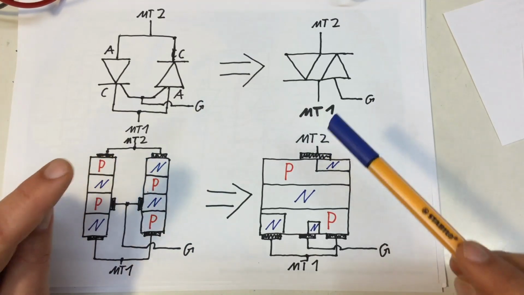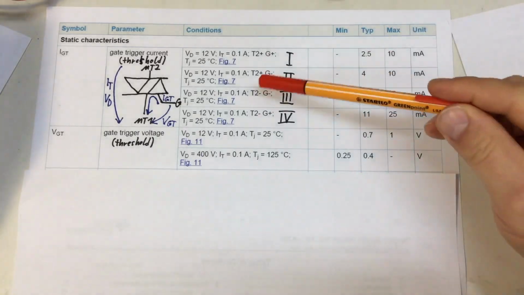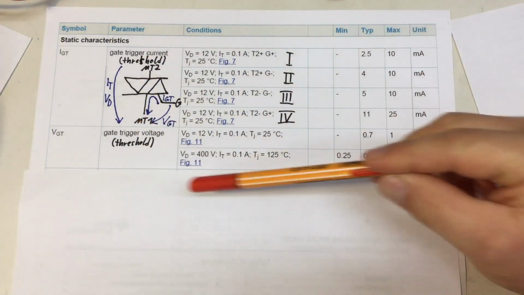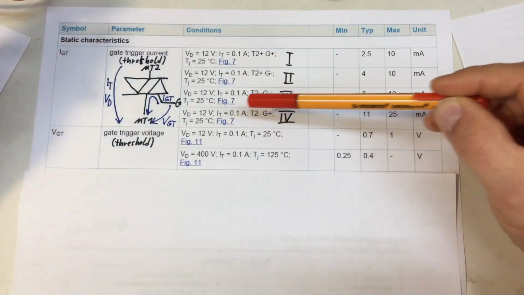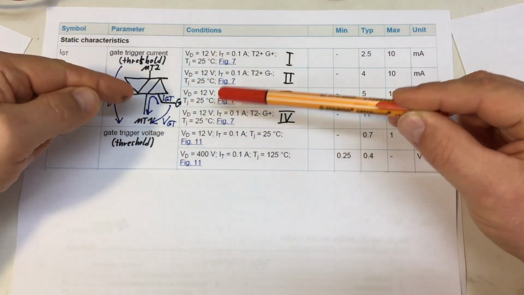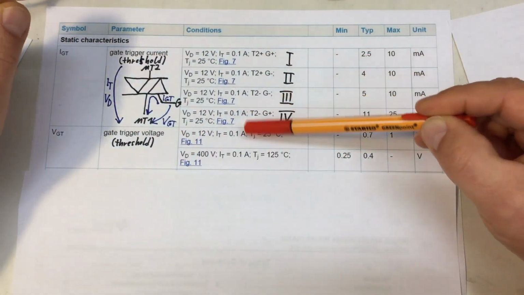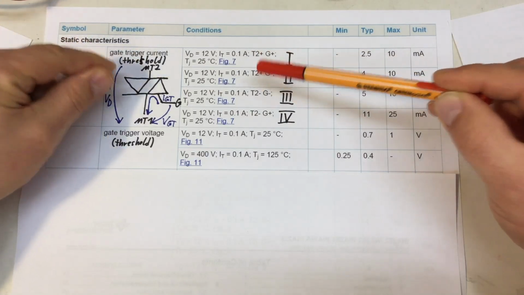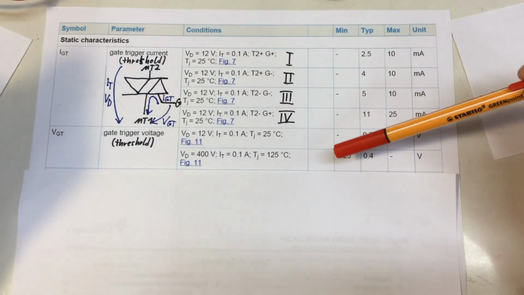Let's have a look at some parameters in the datasheet. So I want to start out with all parameters related to gating, that is the gate, latching, that is getting the TRIAC from its off into its conductive on state, and holding, that is to hold the TRIAC in the on state.